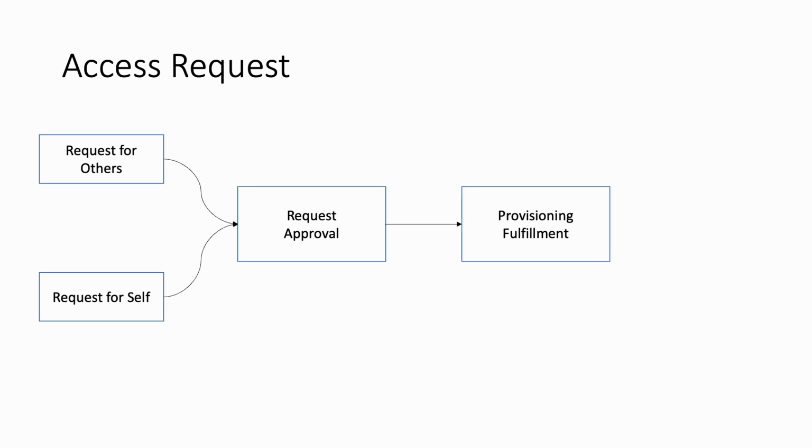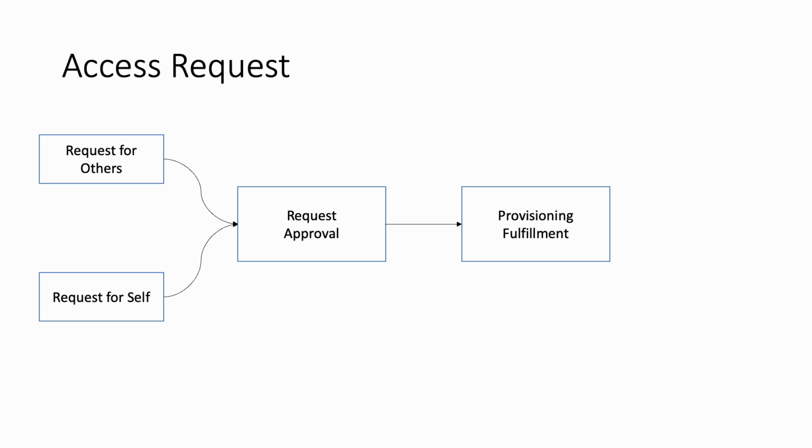Provisioning fulfillment. After the request is approved, the system moves to the provisioning fulfillment stage. It refers to the actual assignment of requested access or entitlements in the target systems such as servers, databases, and applications. For instance, access to financial systems or a payroll database.